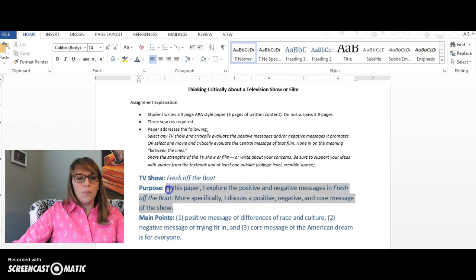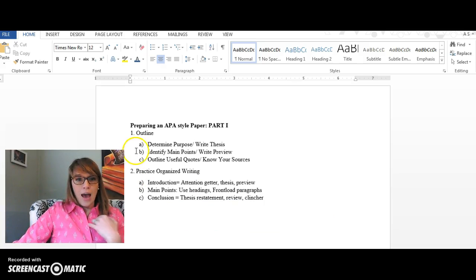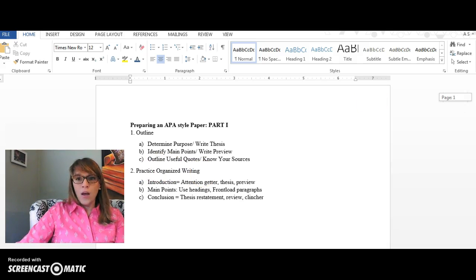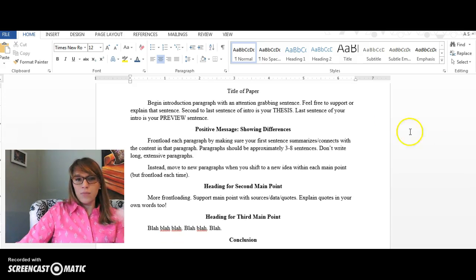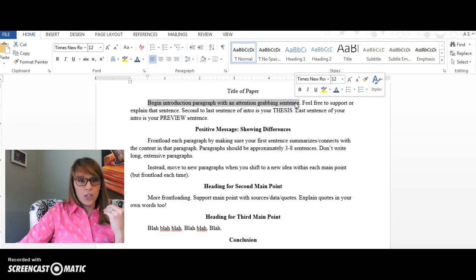All right, so now that we've looked at this idea of outlining, next we're going to look at how to practice this idea of organized writing. So I've kind of shown you how to get going on that. The first line of your content page is the title of your paper, and that's not bolded. And then you'll begin your introduction paragraph with some kind of attention-grabbing sentence.